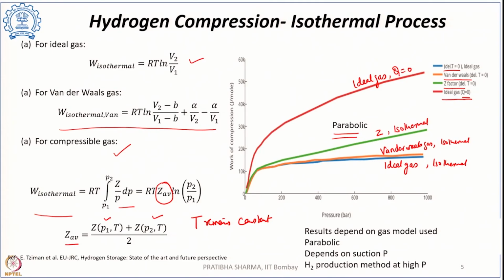That means it depends upon the suction pressure. How? Let us say if we have compressed it to 350 bar. So, if we compare the work of compression which is required to compress from ambient pressure to 350 bar, it is much higher as compared to the amount of work which is required to compress it from 350 to 700 bar.